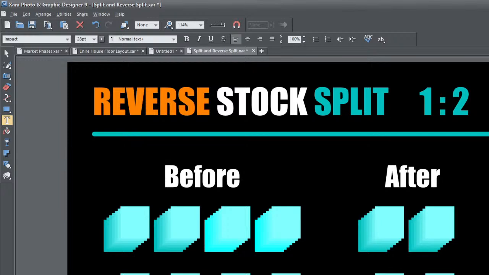You can look at any company stock that has done that, and you'll see that it tends to fall. So that's kind of the effect.